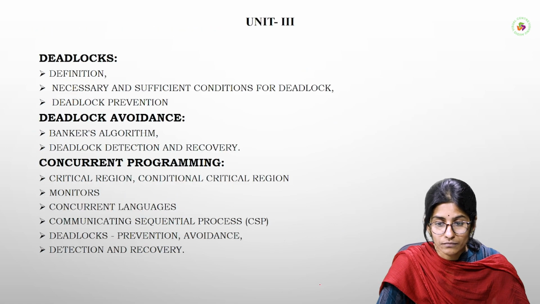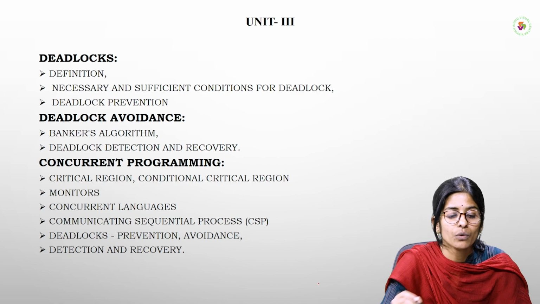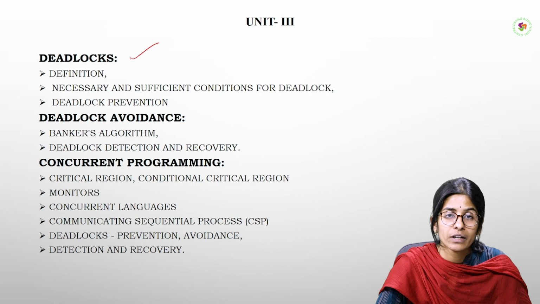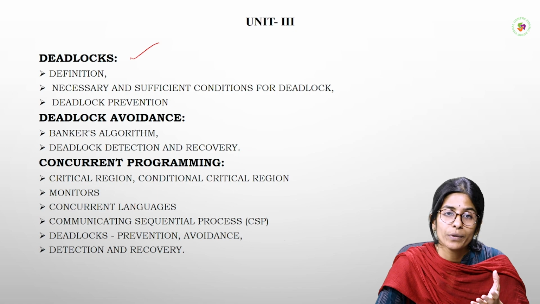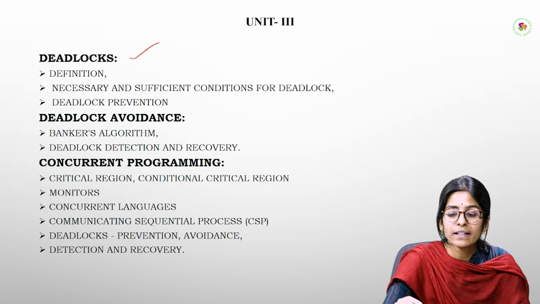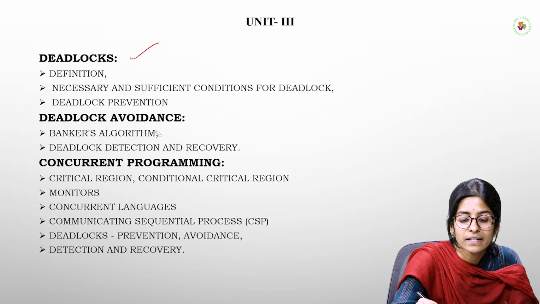After that, unit 3. In unit 3, what are the topics we have? Mainly we have deadlocks. Already we learned about deadlocks in our database management system subject, and in our OS also we have that topic. Compared to DBMS, in our OS we have another extra deadlock algorithm, that is Banker's algorithm.